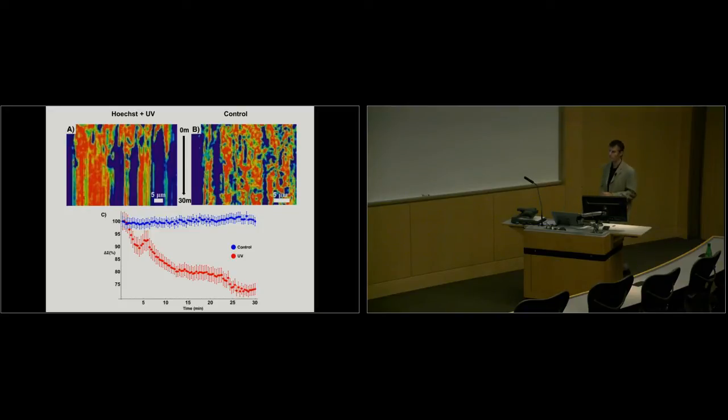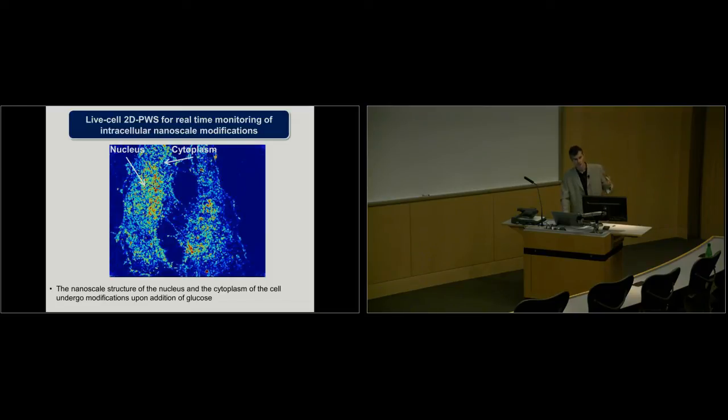Like in this case, for example, if you were to look at the chromatin dynamics, you could see very dramatic differences. In the control cell, chromatin is a highly dynamic structure. It moves all the time. At the same time, again, at nanoscale, in a Hoechst stained cell, the chromatin dynamics essentially stops, and you have a very different pattern.